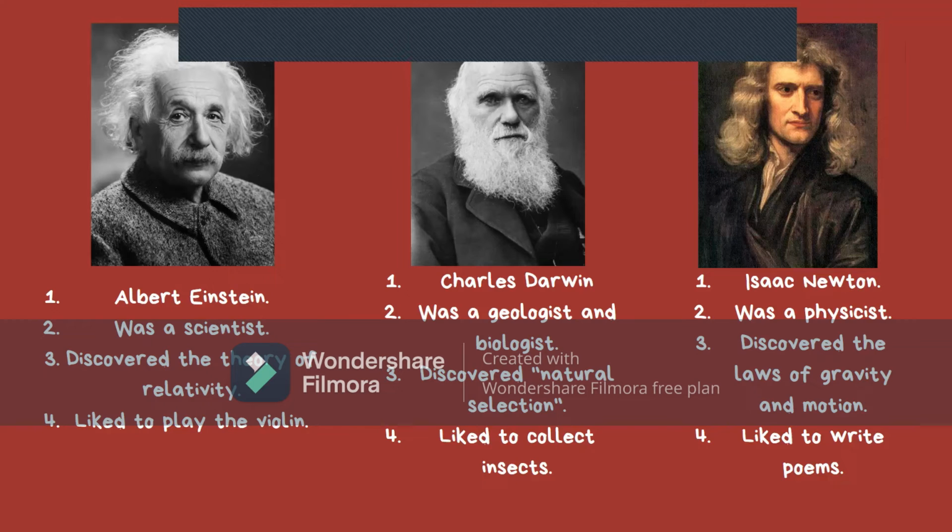He discovered the theory of relativity and liked to play the violin. Lalo, can you read the information about Charles Darwin, please? Yes, Charles Darwin was a geologist and biologist, discovered natural selection, and liked to collect insects.